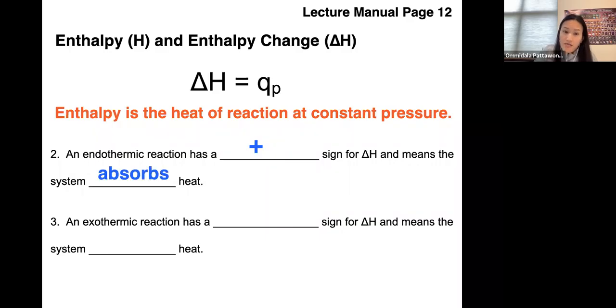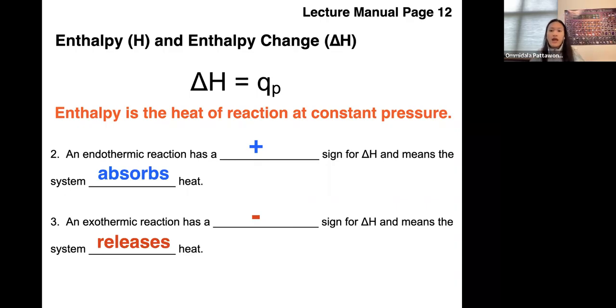Okay, it also means that the system absorbs heat. Okay, same thing for the exothermic as well, right? The sign of Q would be negative. Therefore, delta H, which is the heat of reaction, would be negative as well. Okay, so enthalpy would be negative for exothermic. It also means that the system releases heat.